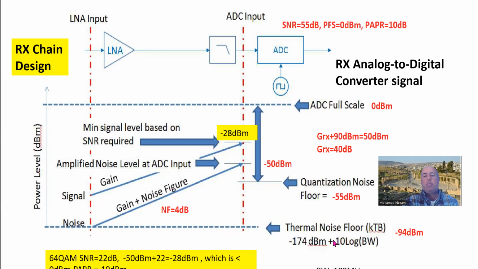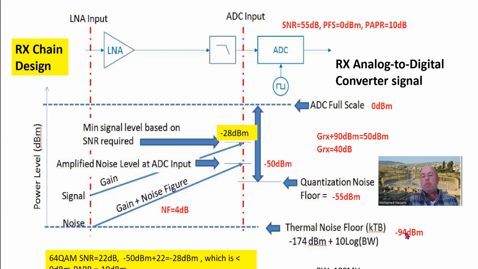So what we're going to do is go to the other end, which is the thermal noise limit on the antenna. The thermal noise limit is minus kTB, which is minus 174 dBm per hertz, plus the logarithmic ratio of the bandwidth. In this case, I took a bandwidth of 100 megahertz, so that's 80 dB, and minus 174.